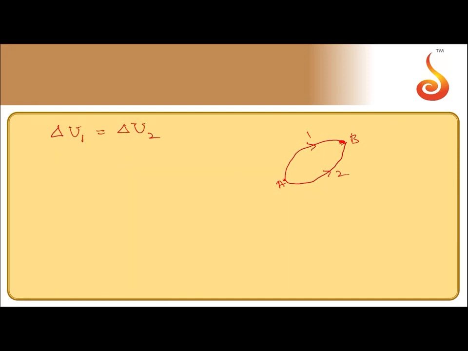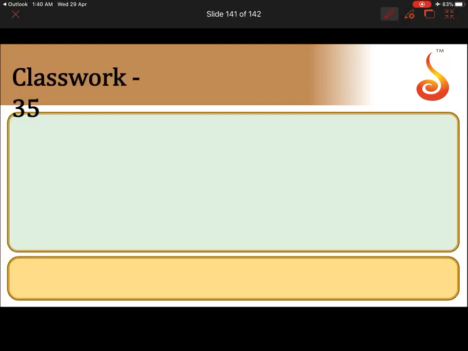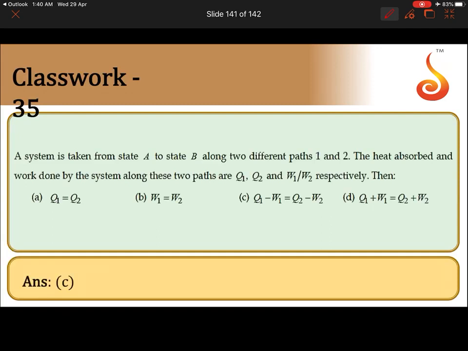So delta U along first path must be Q1 minus W1, delta U along second path is Q2 minus W2. So these two must be equal. So that must be option C.